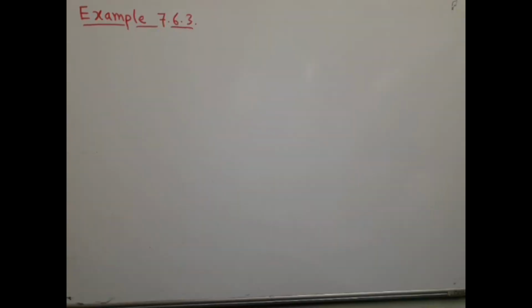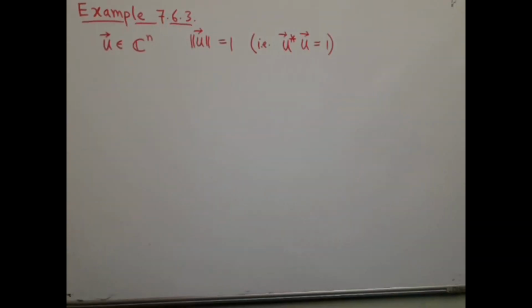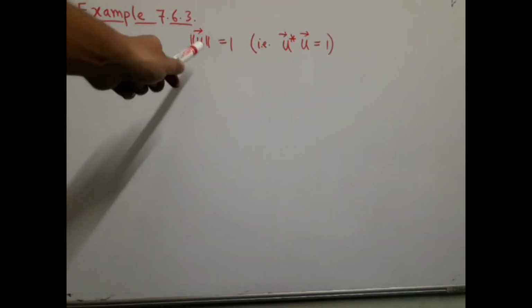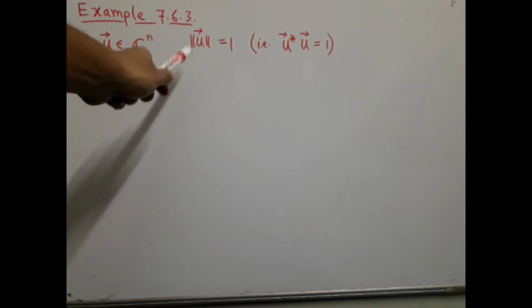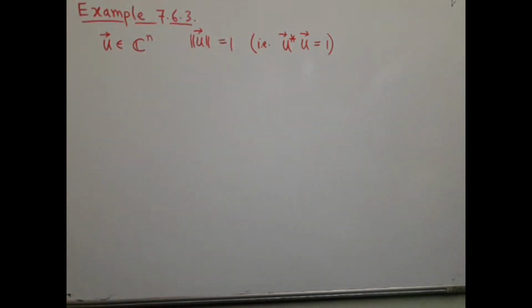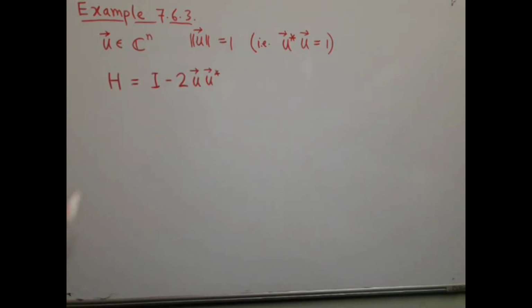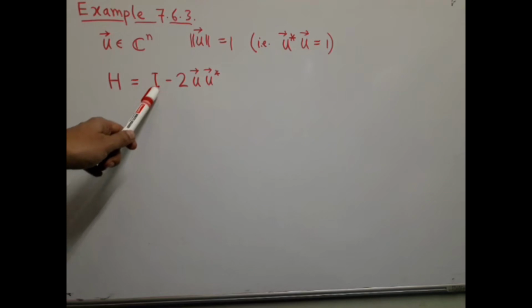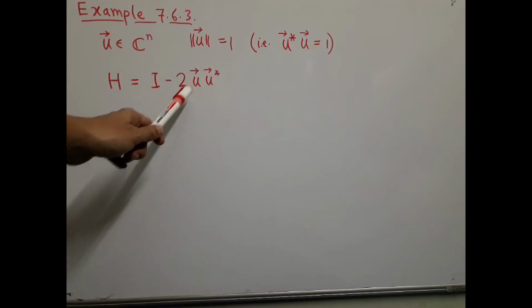Example 7.6.3. In this example, we start with a unit vector u in Cn. The norm is 1. The norm means the usual canonical norm, that is u star u equals 1. We define the Householder matrix as H equal to I minus 2 u u star.